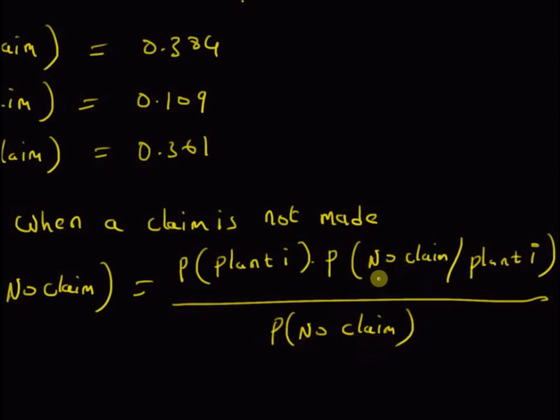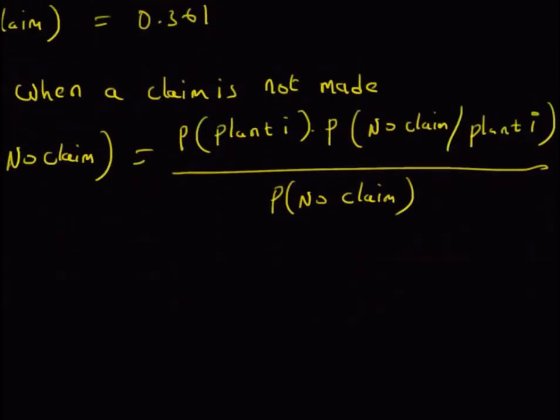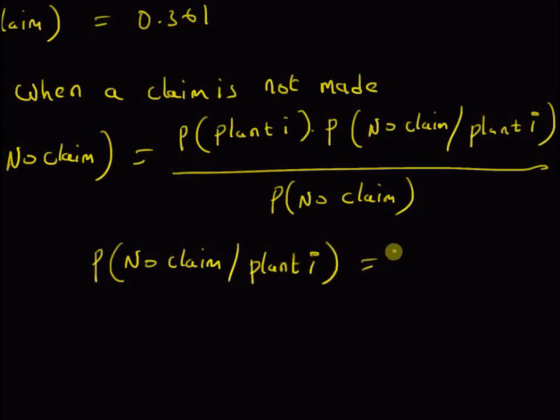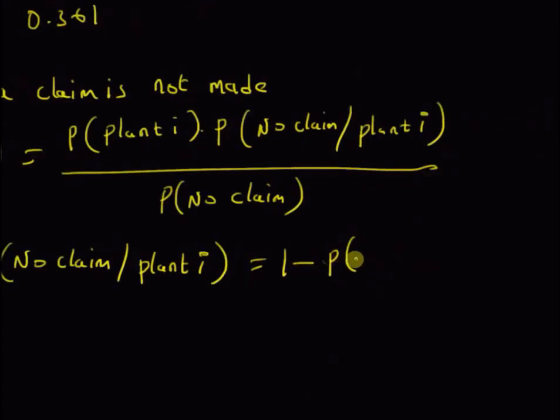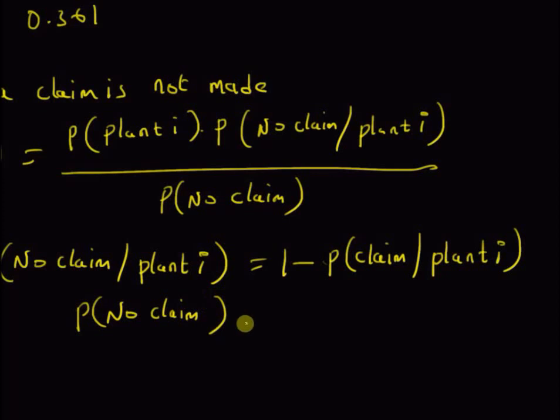Similarly, here the probability of no claim given plant i should be equal to 1 minus the probability of a claim given plant i. Similarly, the probability of no claim is equal to 1 minus the probability of a claim.